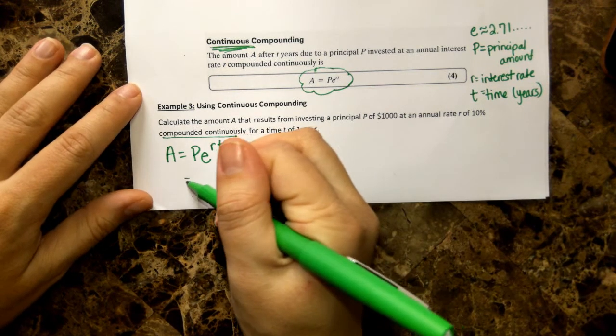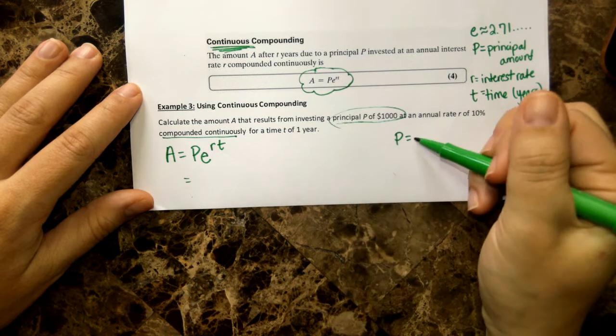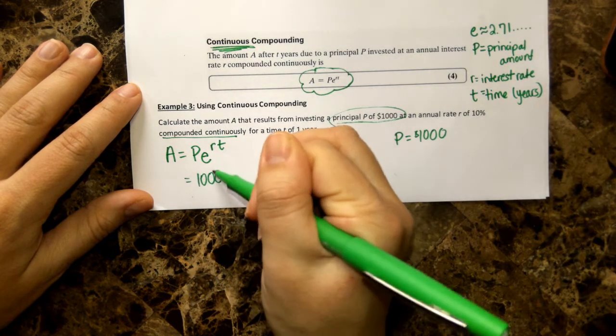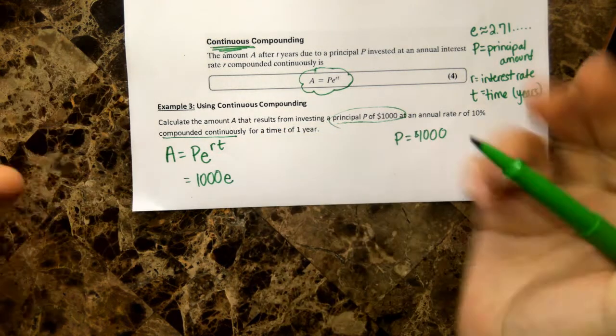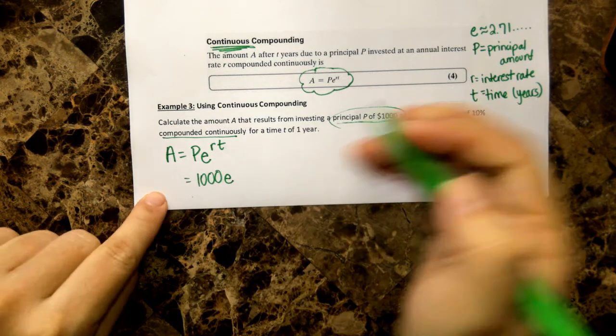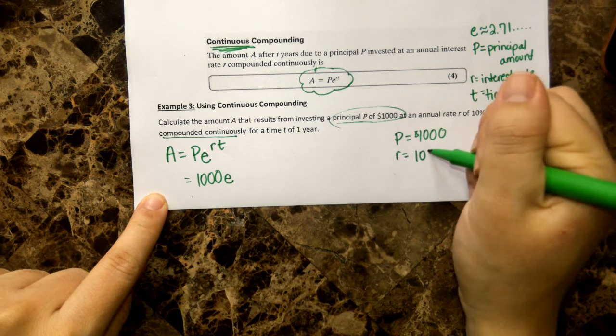So let's go ahead and start with P. P is the principal amount, which it even tells you is $1,000. So that's the number I'm going to plug in for P. E, I don't have to plug in a number. E is a number. It's 2.71. I'm just going to write it for now. Raise it to the R. R is the interest rate, which is 10%.